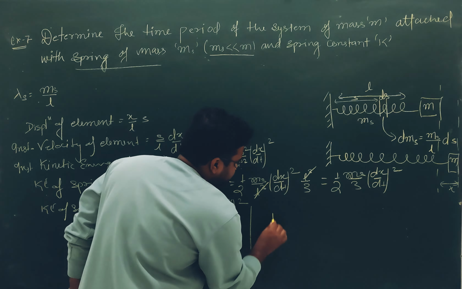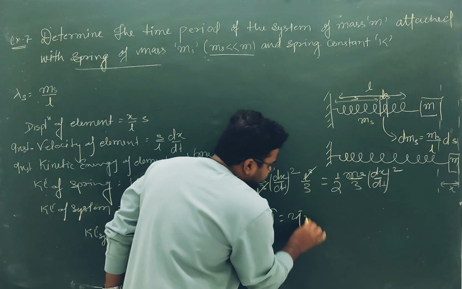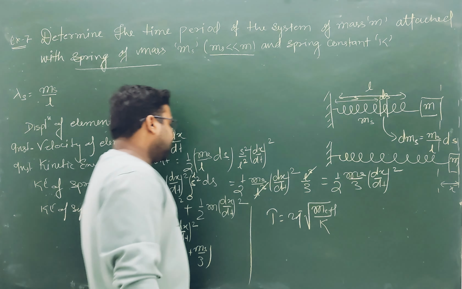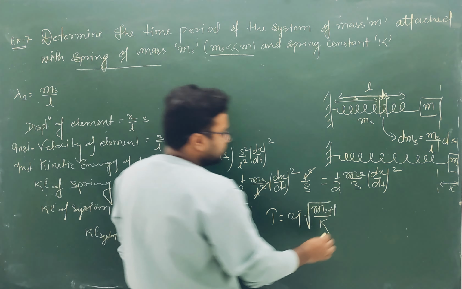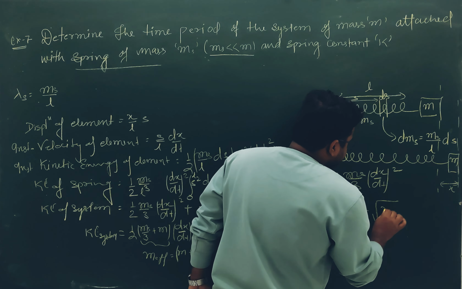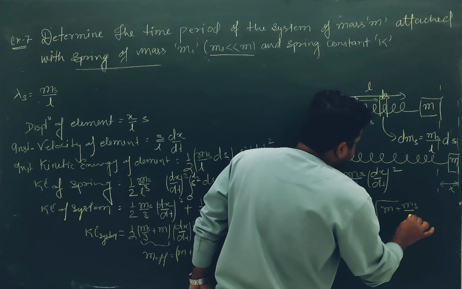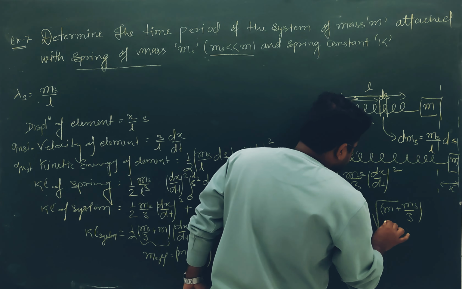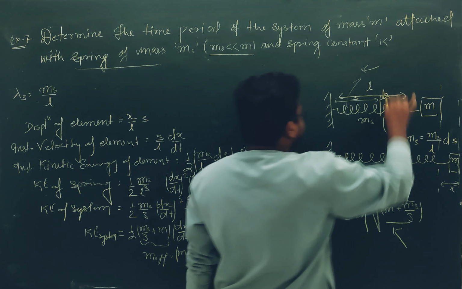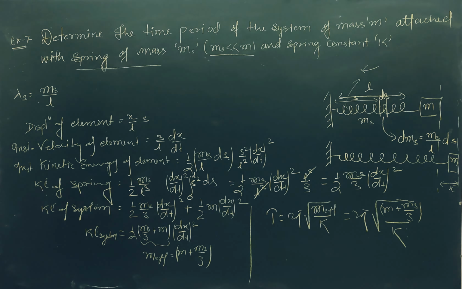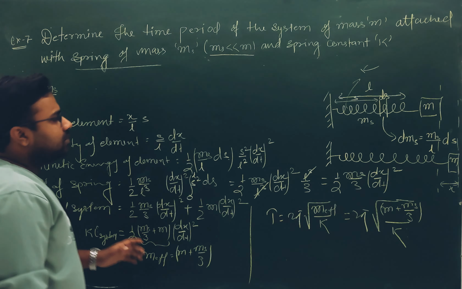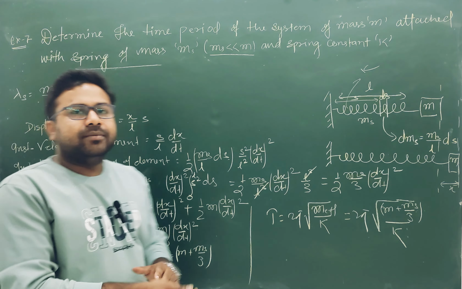The time period is 2 pi root under m effective upon k, and we already got the effective mass. So the time period will be 2 pi root of m plus ms upon 3, divided by the spring constant k, which is given in the question. So if we have a question where the mass of a spring is given, this is how you will solve it. Understand? Okay, come to the next question.